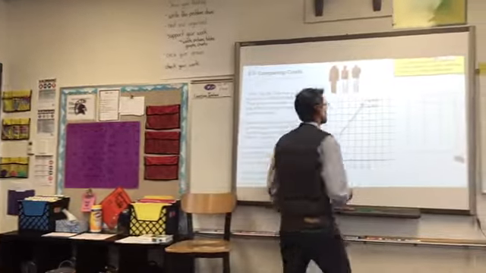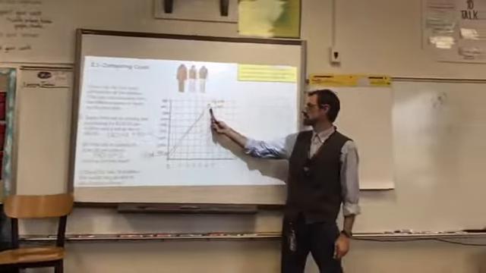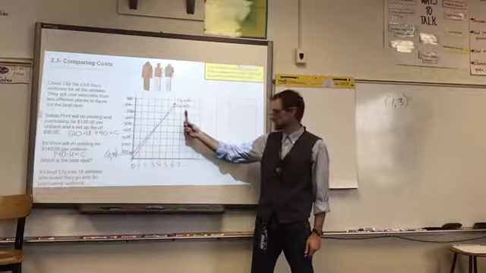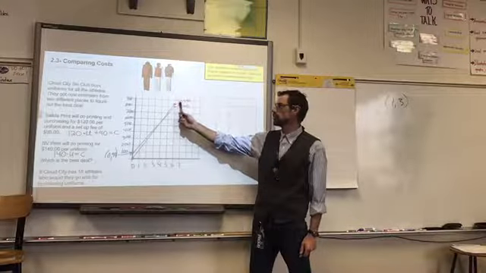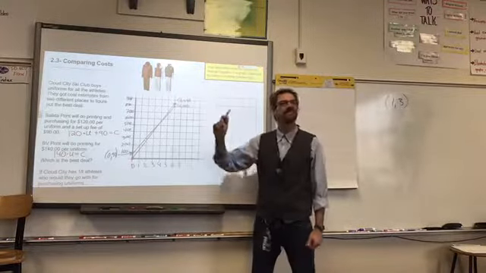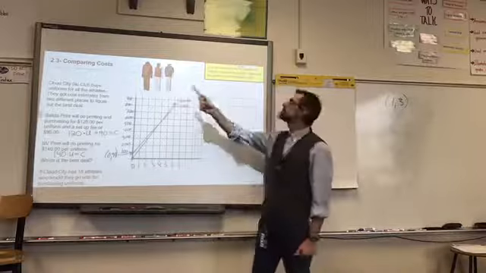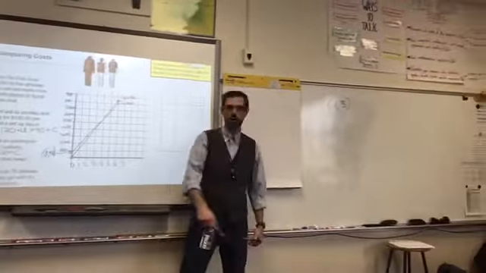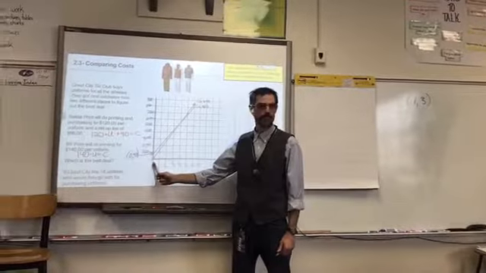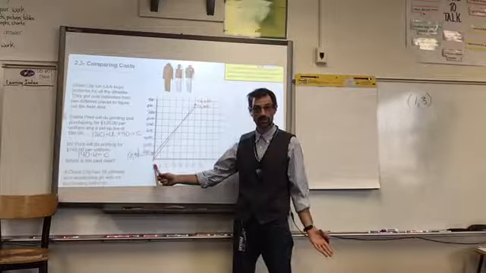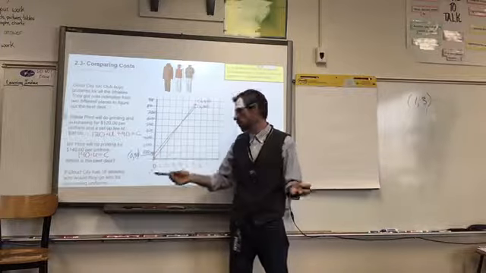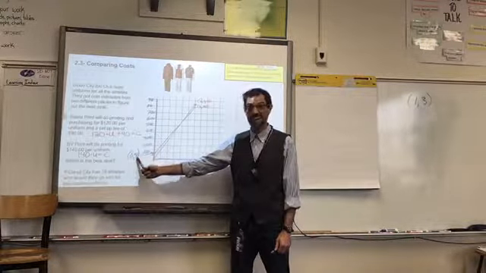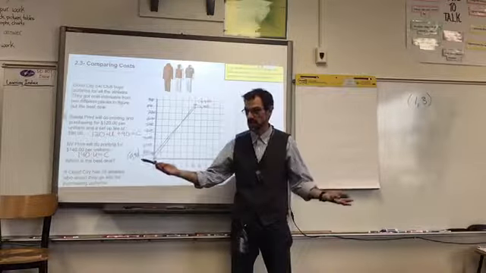At 6 uniforms, it's going to cost $810 through Salida Print. 6 uniforms through BV Print is going to cost $840. On the flip side, if I buy 0 uniforms from BV Print, it costs $0. If I buy 0 uniforms from Salida Print, it's going to cost us $90 because they have to do all the setup costs.